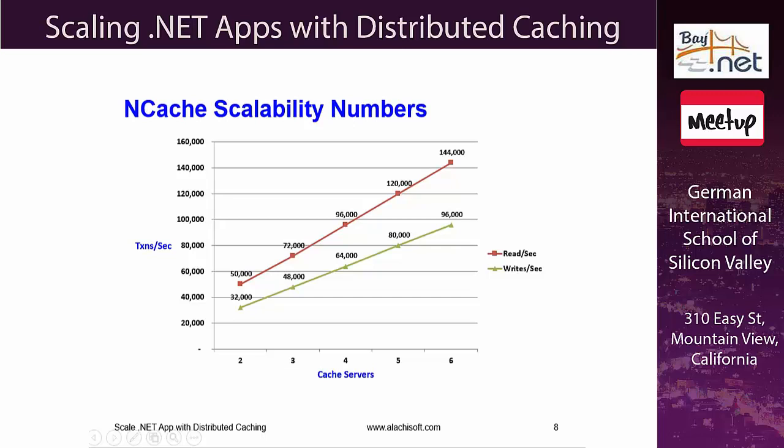And with this type of a number, you can see that if you have a high traffic application, let's say if you're an airline or some online business, you're a bank or something, and you've got lots of people logged in, that with this type of performance, you can rest assured that you'll never have a bottleneck.